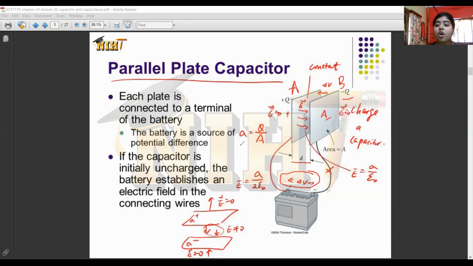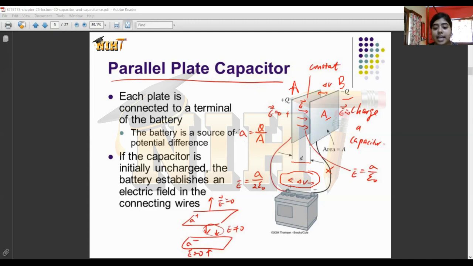Whenever we are talking about continuous charge distribution, if it's a plane surface, a 2D surface on which the charge is placed, then we have to use the parameter called surface charge density. If it's a volume, then we have to use volume charge density. If it's a wire carrying positive or negative charge, then we have to use line charge density.